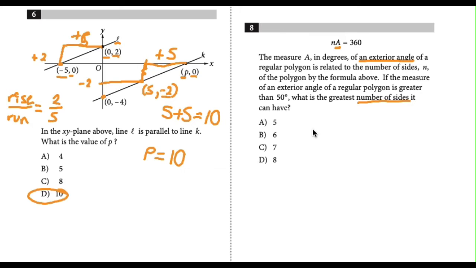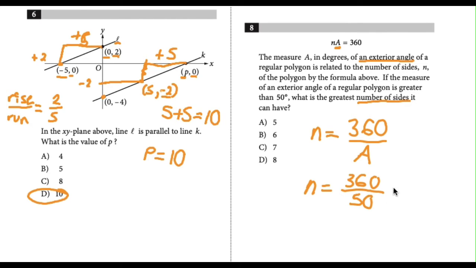So in order to get n by itself, we're going to divide each side by A, and we're going to get that n equals 360 over A. They tell us that the measure of an external angle needs to be greater than 50. So we're going to see what the value is when we plug 50 in. We're going to get that n equals 360 over 50, which is going to be 7, and 10 over 50, which will be 7.2.